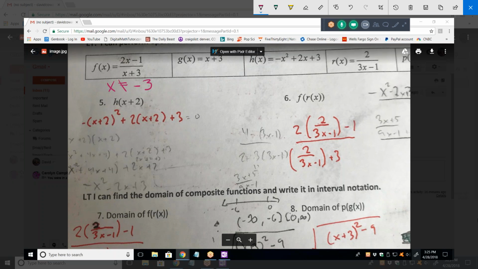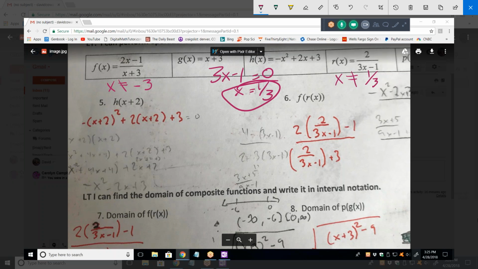Now, if we look at the r, what can x not be? The way you solve it is by setting 3x minus 1 equal to 0. Whatever you get, that's the answer. It's just 3x equals 1, so it's 1/3. Yeah, we have 3x minus 1 equals 0, which makes x equal 1/3.